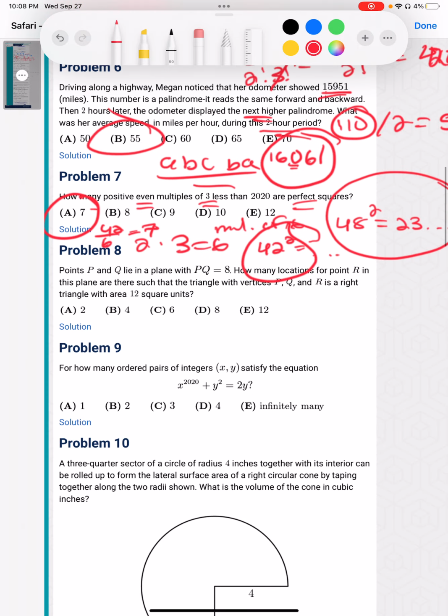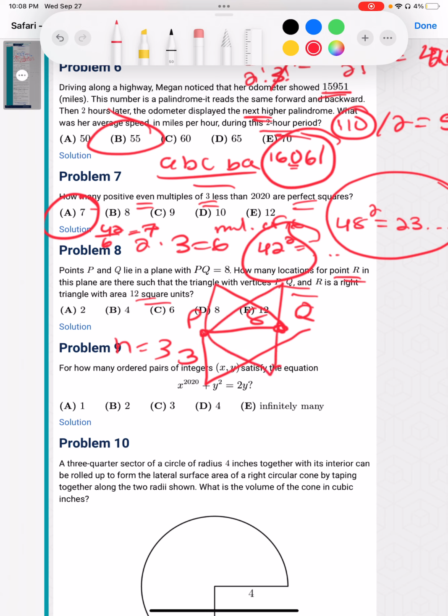Points P and Q lie on a line with length PQ equals 8. Point R is such that PQR is a right triangle with area 12 units, which means the height equals 3. So we can have this. We're going to duplicate on each side. We can have one where R is the vertex with the right angle. Same thing with this one.